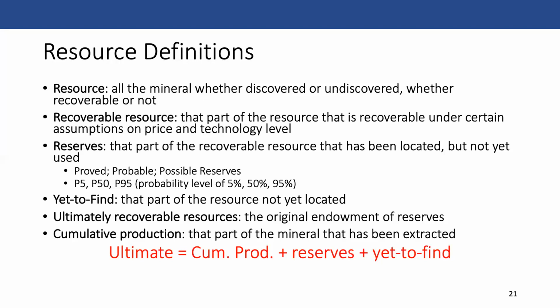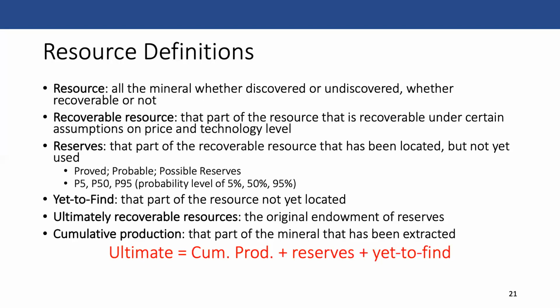You have proved reserves, probable reserves, possible reserves, and those are associated with probabilities. It's actually the reverse. So P95 is proved, P50 is probable, P5 is possible, and that refers to the probability that the resource can be used essentially as a reserve.